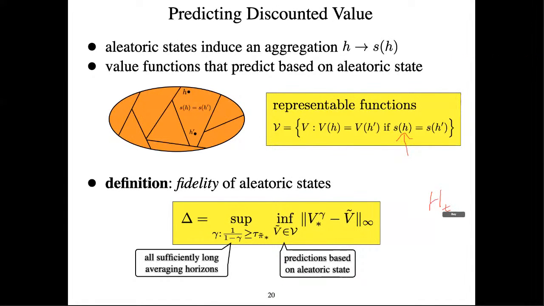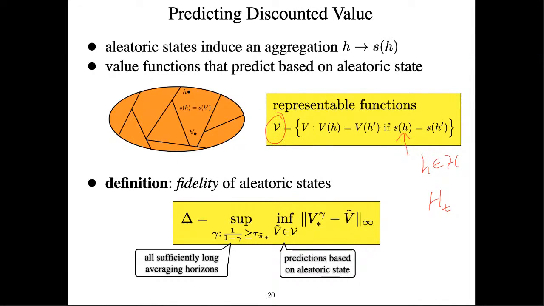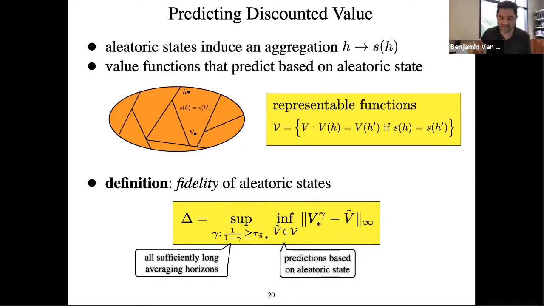This little h is a dummy variable. Here I'm thinking h is in some set of possible histories, and I'm defining another set, V script, based on that. So there's no probability going on here. I see. Okay. Thanks. Yeah, I should have mentioned I use capital letters for random variables here, but lowercase for dummy variables.